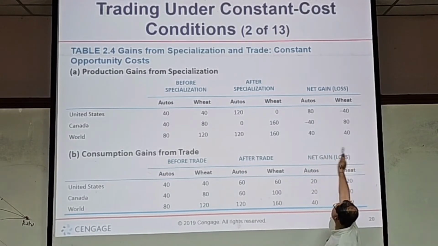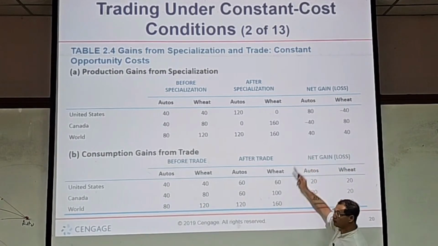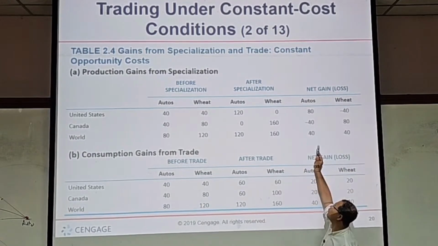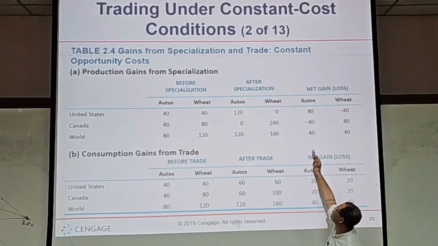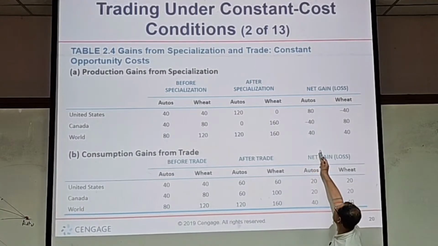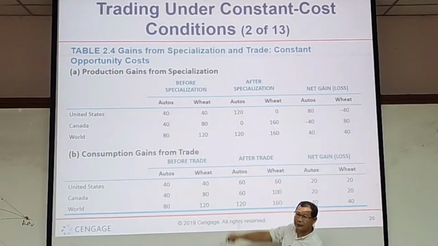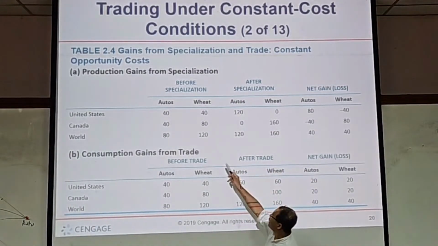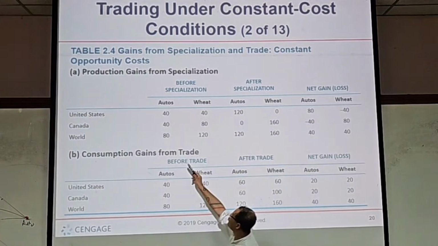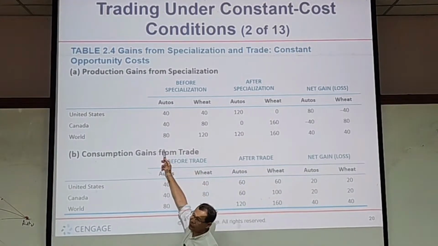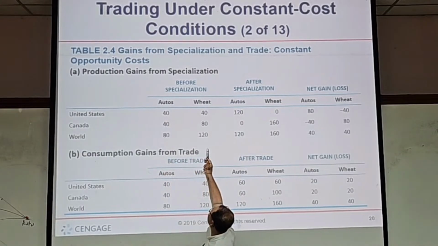This is the increase of 40 auto, and unlike before, only 80 auto, now 120. So that's the production gain.